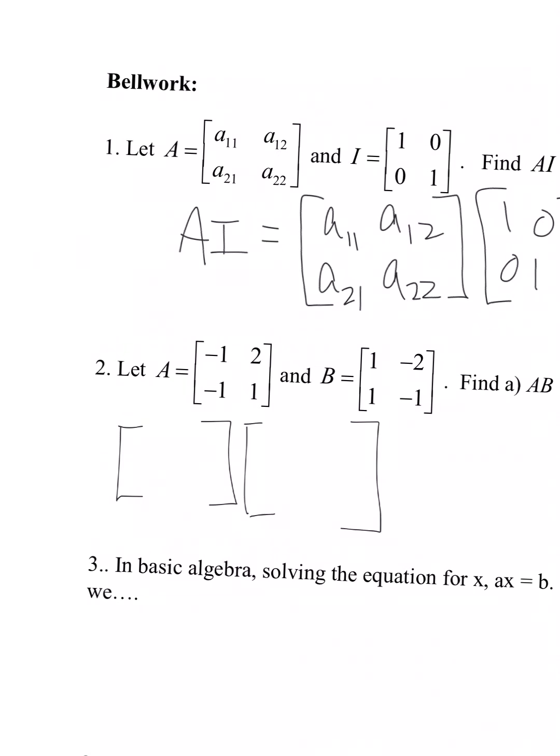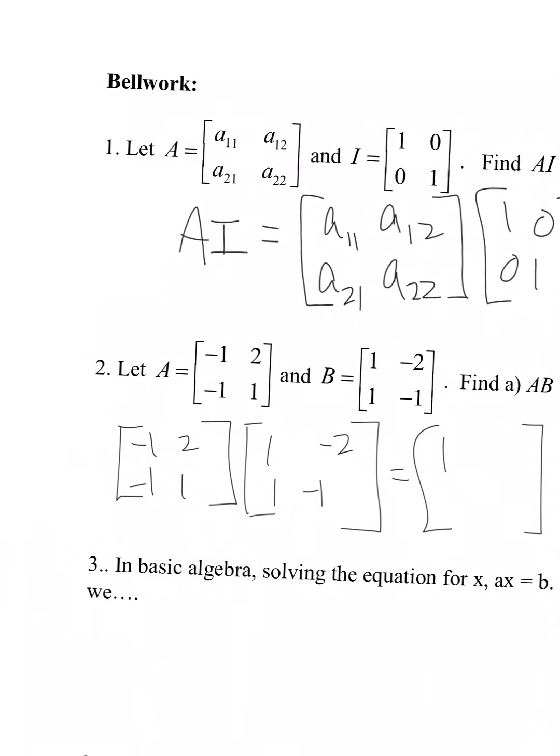If you want to fast forward through this, I am going to go through the details of multiplying these, but if you're good with matrix multiplication, that's fine. Let's see what happens. We get row 1 times column 1, negative 1 times 1 plus 2 times 1 is 1.